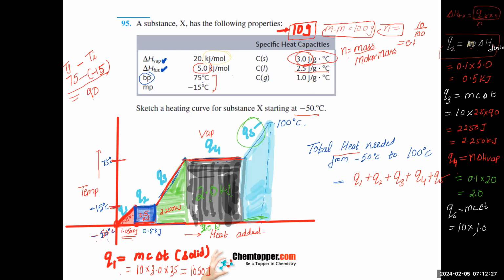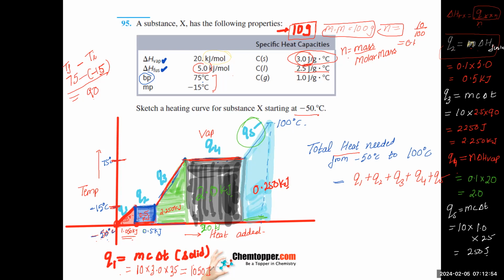Dhruv is giving us delta T also. Delta T is 75 to 100, that is 25. Very good, Dhruv. And this answer is 250 joules. But we are working with kilojoules with the rest of the answers. So let's convert this into kilojoules. And in kilojoules, the answer is 0.250 kilojoules.